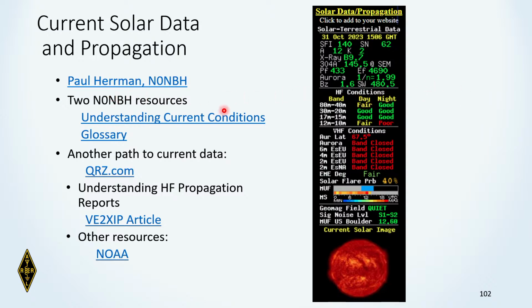And this panel of propagation information is published by Paul Herman, N0NBH. And he's got a ton of stuff in addition to this little panel. He offers for free people to use his code and put them on their QRZ page or any kind of ham radio page. So you'll see this all over the place. It's extremely useful.